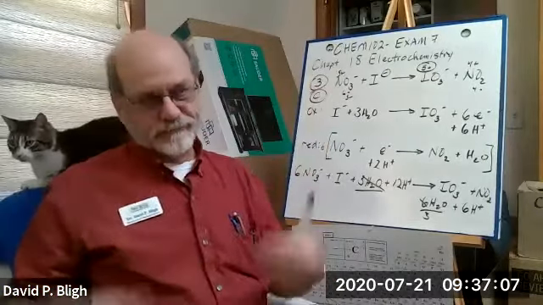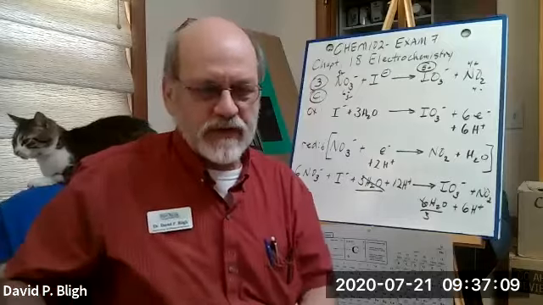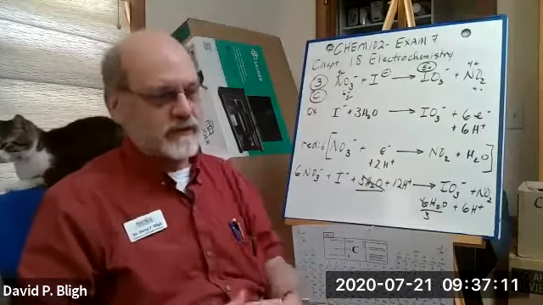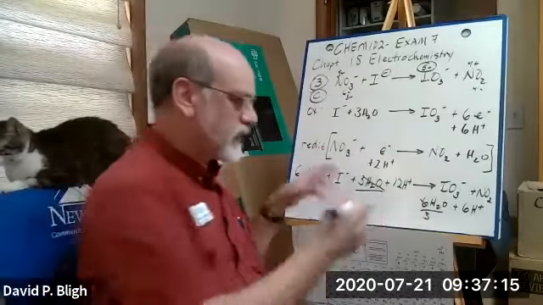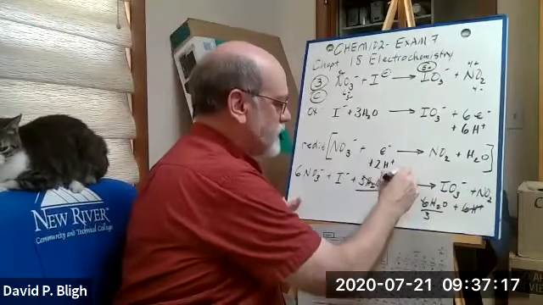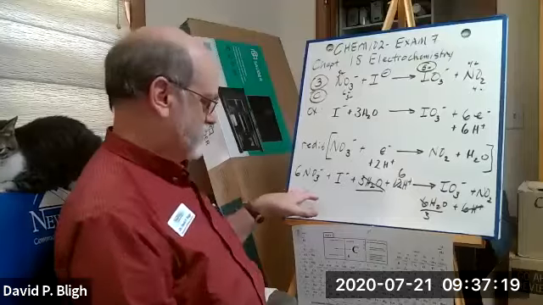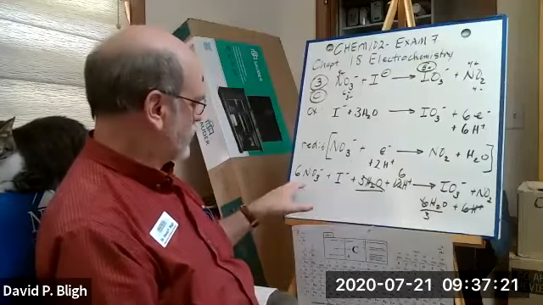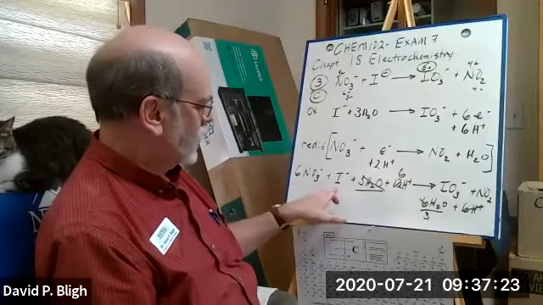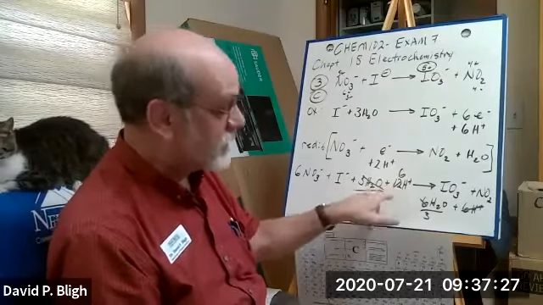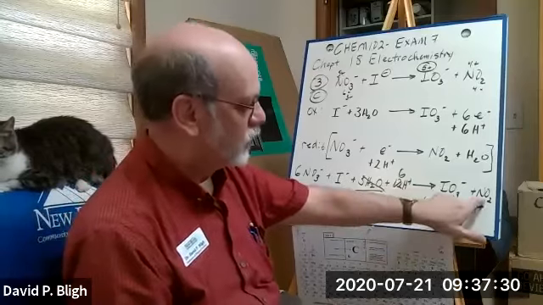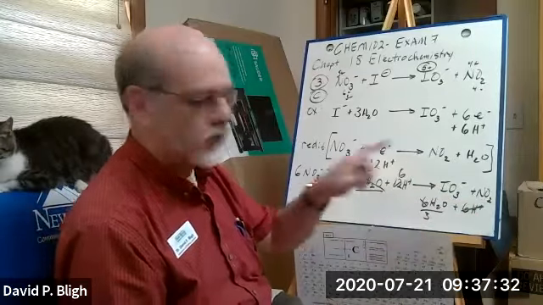Now, if you're the type of person that likes complete answers, just go ahead and cancel terms on either side. Those are gone, that's 6. We can't reduce it any other way, so we have 6 nitrates, 1 iodide, 6 hydrogen, 6 protons, yields 1 iodate, 1 nitrogen dioxide, and 3 waters.